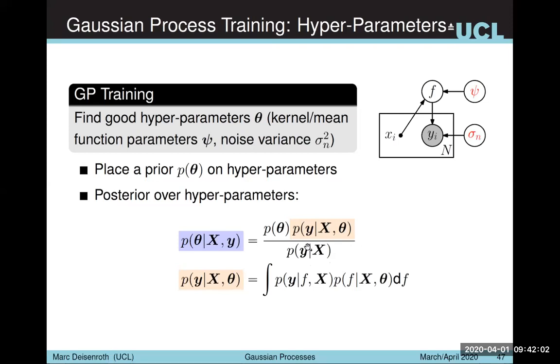And you already see that the orange block here is exactly the marginal likelihood that we computed yesterday. It's P of y given f and f of x times P of f given theta. So that orange block is the same marginal likelihood that we looked at yesterday.